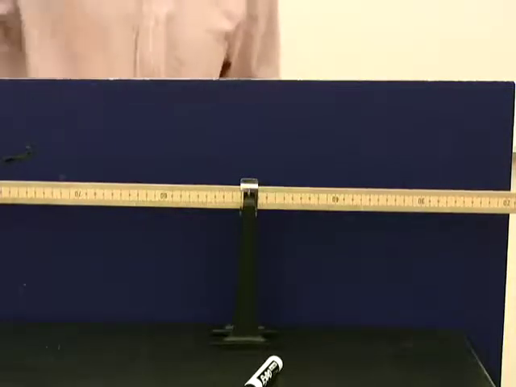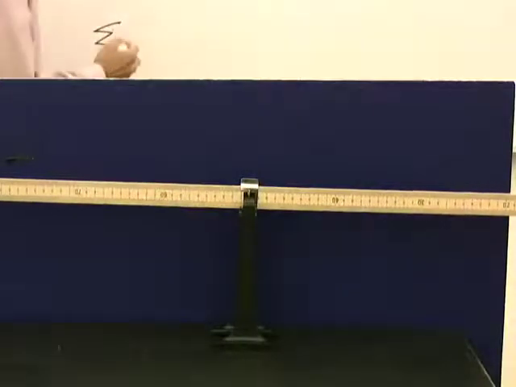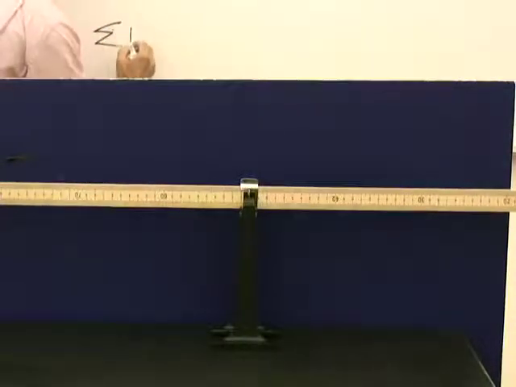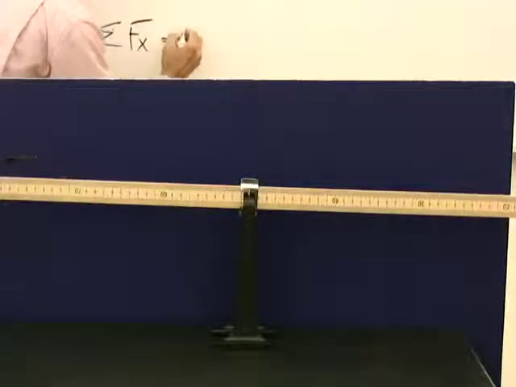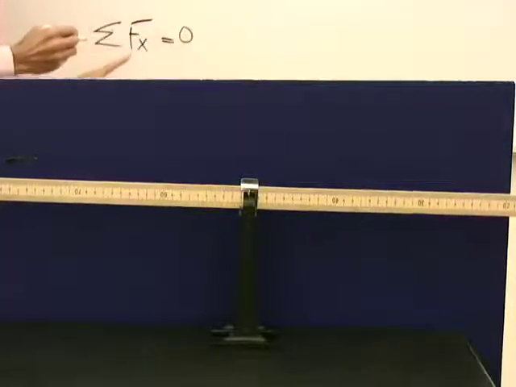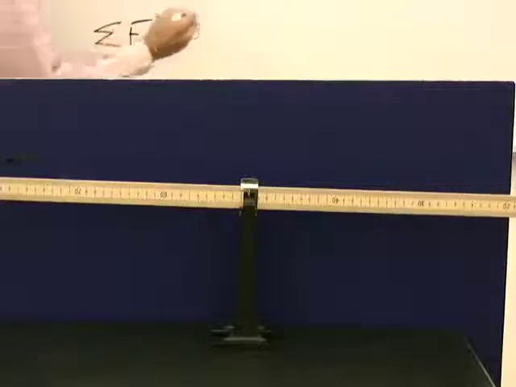Well, if an object cannot move in the x direction, it means the summation of all the x forces acting on it is zero. Now this is the condition that the object will not move in the x direction.